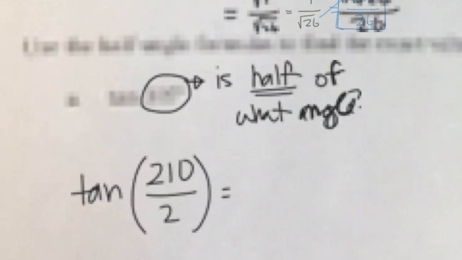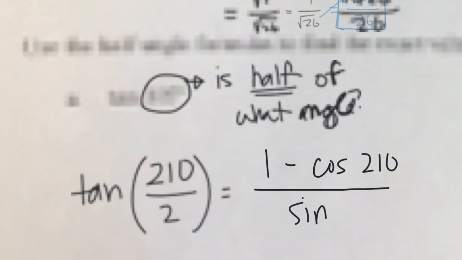Okay? Because I want my half angle to look like my formula. Right? I want it to look like the formula, theta over 2 is my half angle. 105 is half of 210. Okay, so when I use my formula, this becomes 1 minus the cosine of 210 divided by the sine of 210.